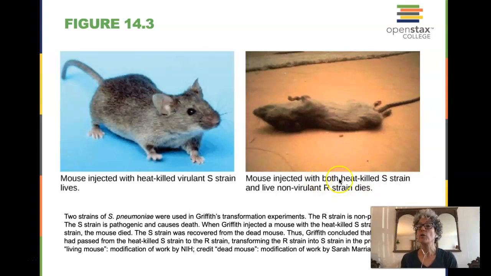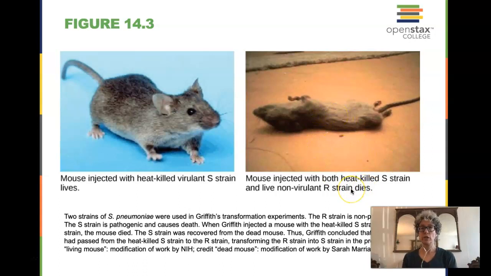But they also provided live rough bacteria, which are non-virulent, meaning unable to cause disease. So the rough bacteria were alive. They mixed them with dead, smooth bacteria and let them set for a while, and then injected that mixture, poor little dead mouse.